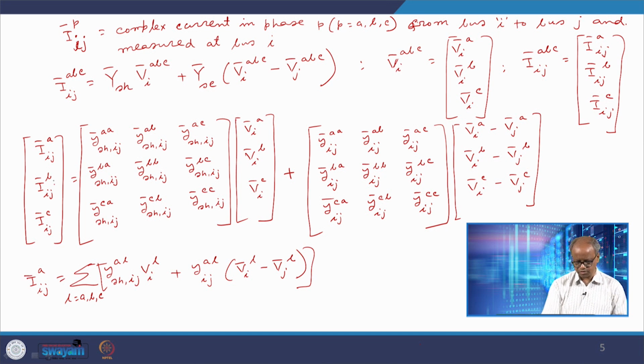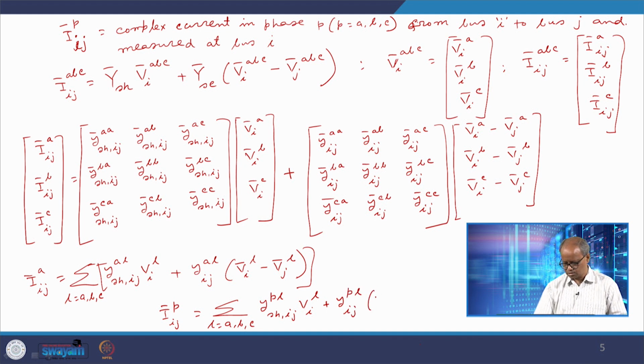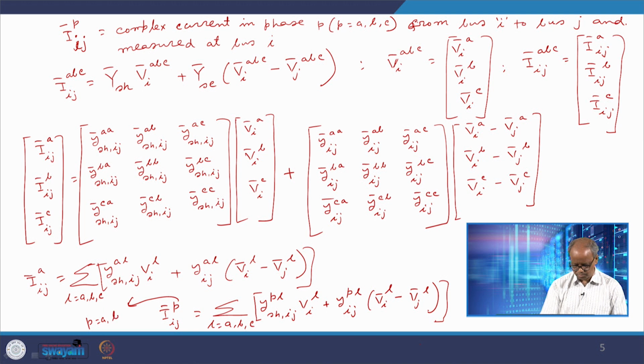Similarly I can write down the expressions of phase B and phase C. Then in general I IJ at any phase P can be written as the sum over L equal to A, B, C of Y shunt IJ PL VIL plus Y IJ PL times VIL minus VJL, and this P is varying from A, B, C. So, this is the expression of I IJ we have found out, right.